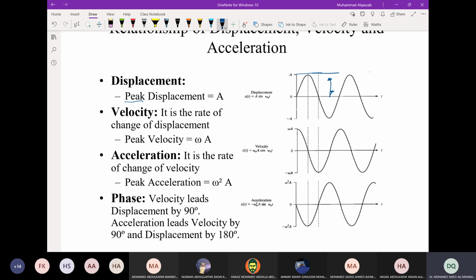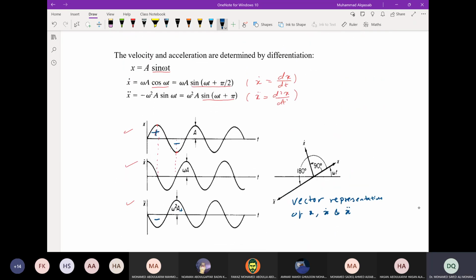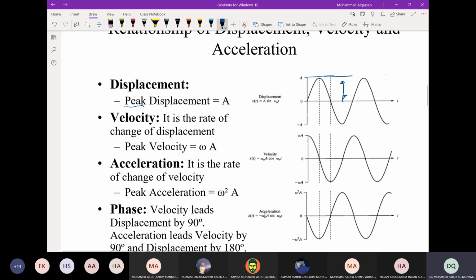The velocity, the peak value is equal to omega A, and you can see this from the equation that x dot is omega A cosine omega t. So omega A is the peak value of the velocity. So that's the peak velocity from 0 to here.